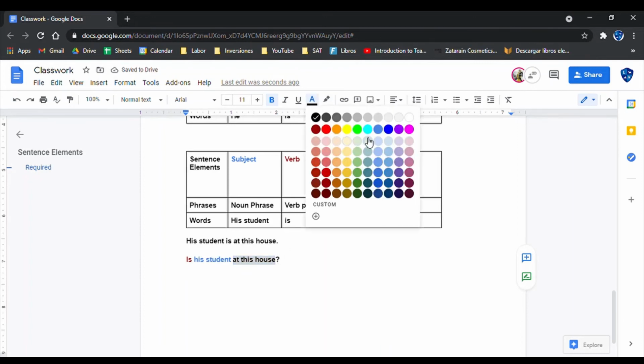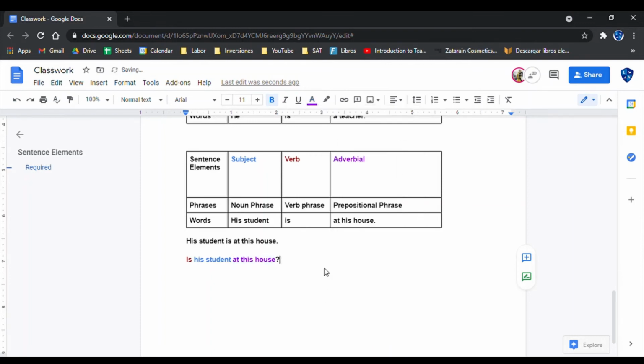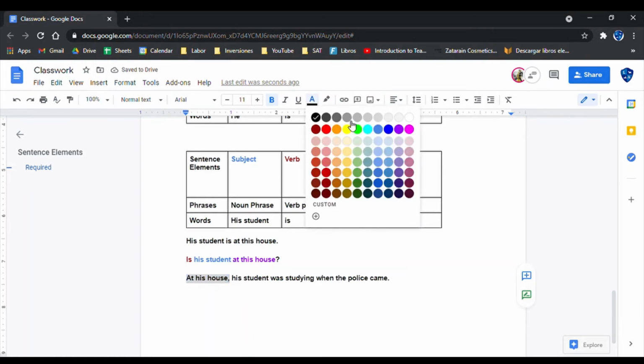So let's do another sentence with the adverbial. For example, we can say, at his house, his student was studying when the police came. And now you can see that the adverbial is in the beginning.